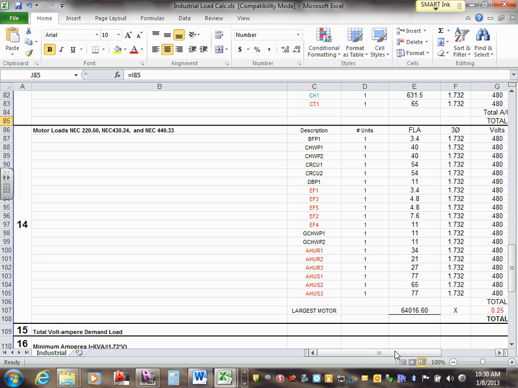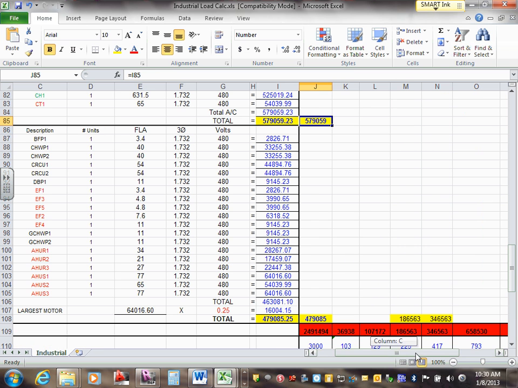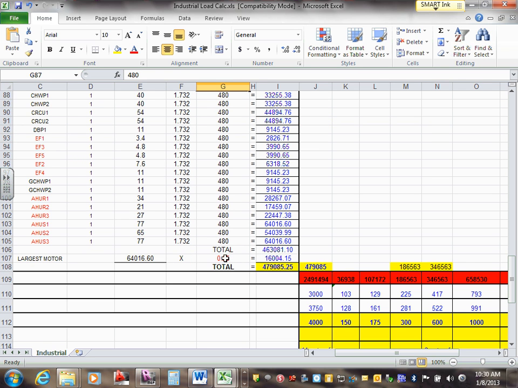Same thing. Here's what you do. You take the full load amps, multiply by 1.73 and 480. Then you take the largest motor. Can you see this is the largest of all of these? You add 25% on the largest, add them up, and put them on the switchgear.